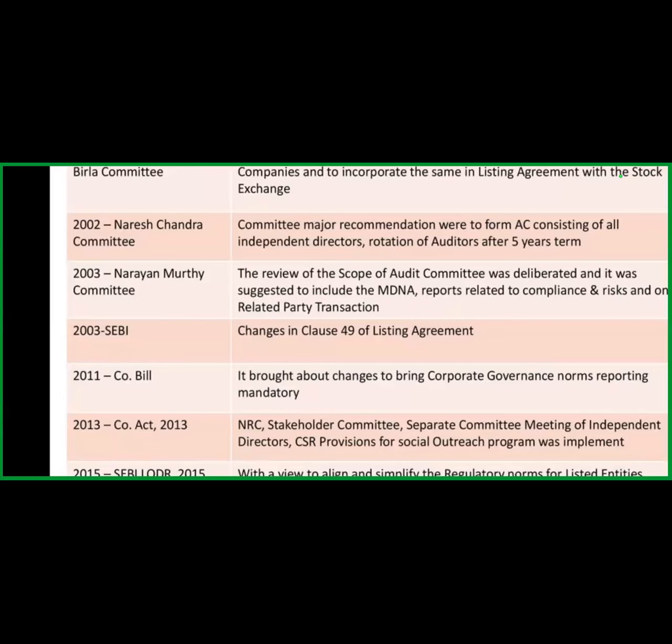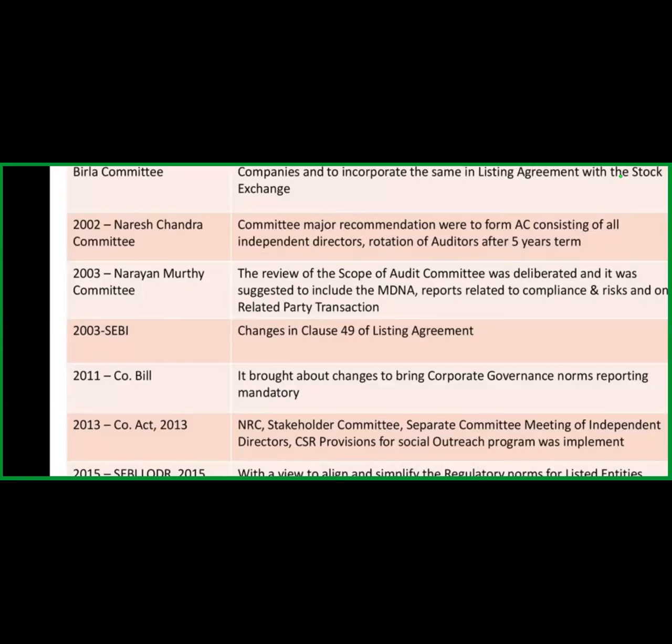Before that, the first committee, by CII, came up with internal audit and external audit. Two concepts were there. Internal audit is to be done by the company itself, the company's finance department, and the external audit is to be done by an external auditor.